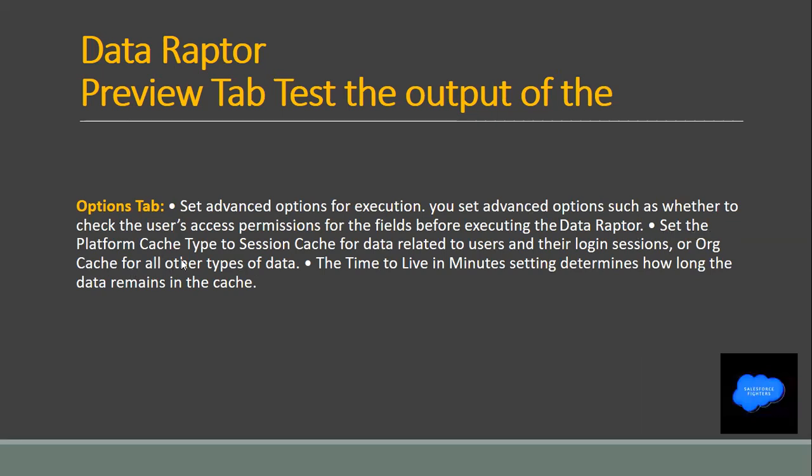Set the platform cache type: session cache for data related to the user's login session, or org cache for all other types of data. The time to live in minutes setting determines how long the data remains in the cache.